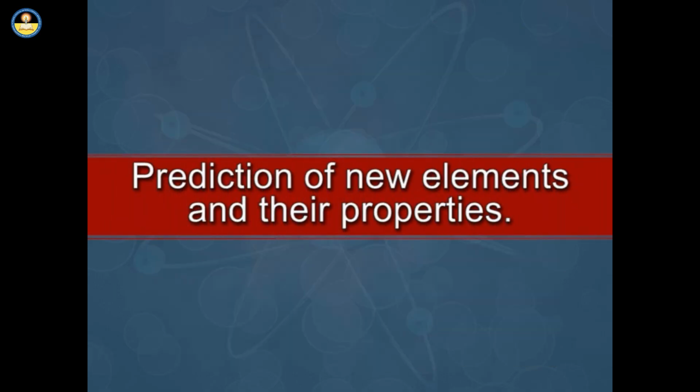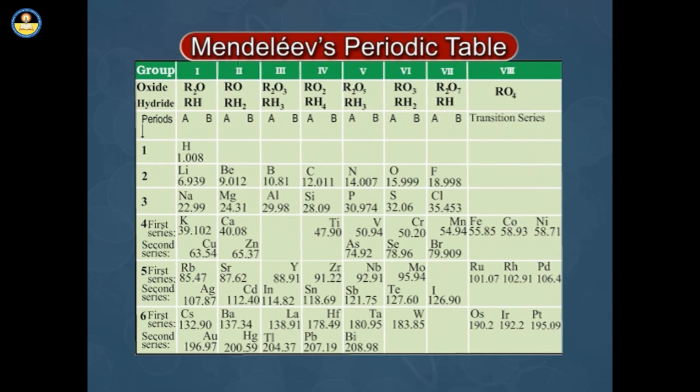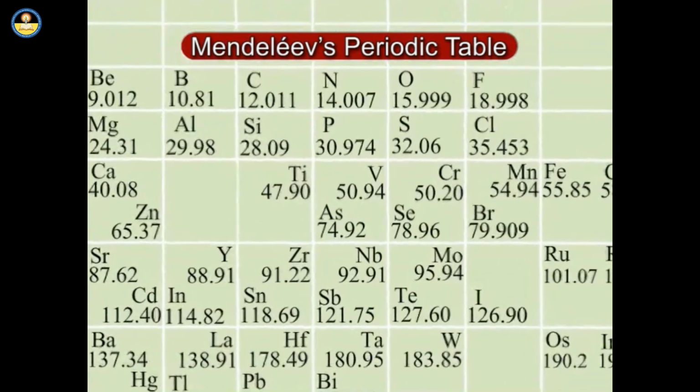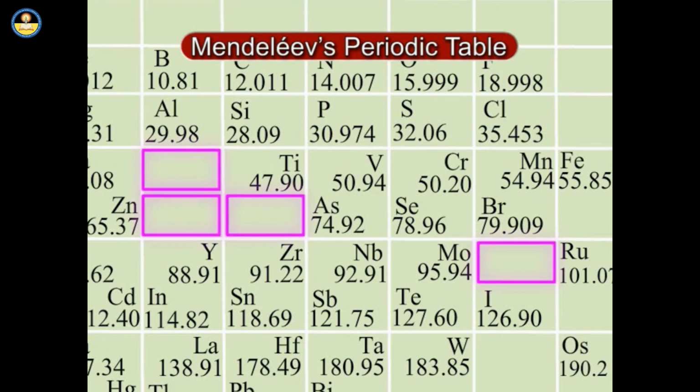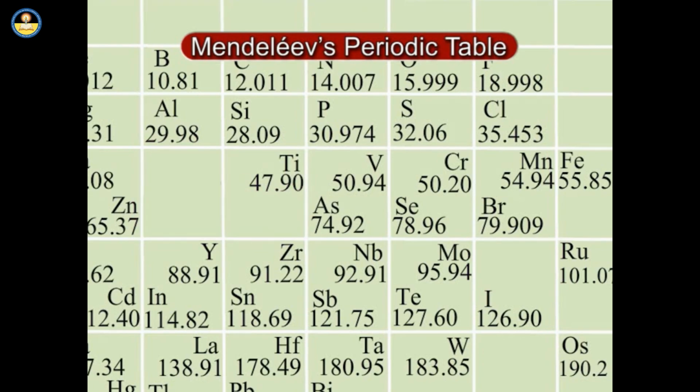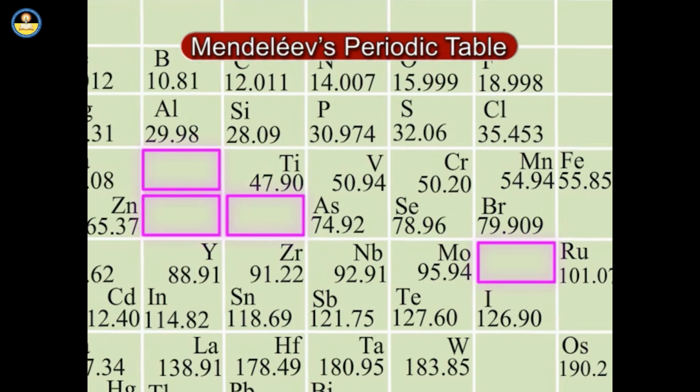We will now learn about prediction of new elements and their properties. Mendeleev left some blank spaces or gaps in the periodic table for those elements which were not known at that time. He also made the bold prediction that these elements would be discovered in due course of time and would fill the blank spaces.